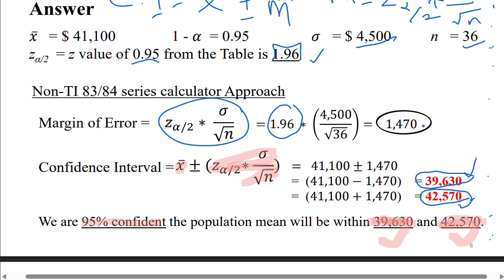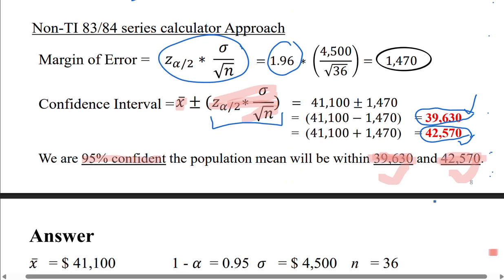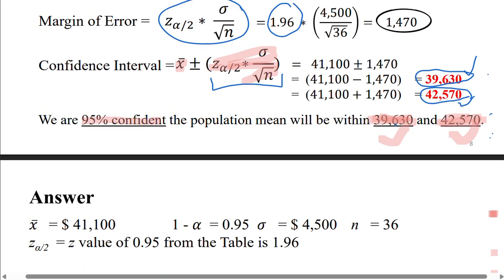Next thing we do is we're going to take this margin of error and add and subtract it from our average. At this stage, we subtract 1,470 from 41,100, which is the sample average, and we also add 1,470 to our 41,100. And so it gives us two values. And that's what interval estimation is all about. The two values are basically the lower limit and the upper limit.